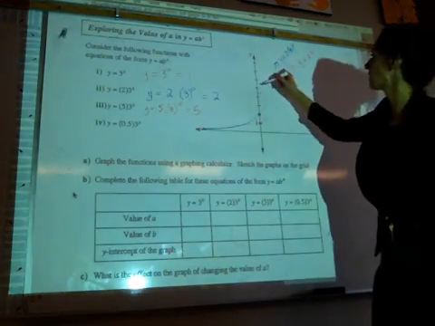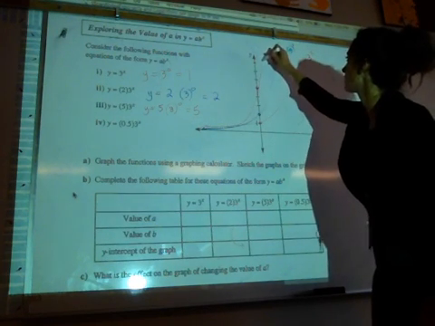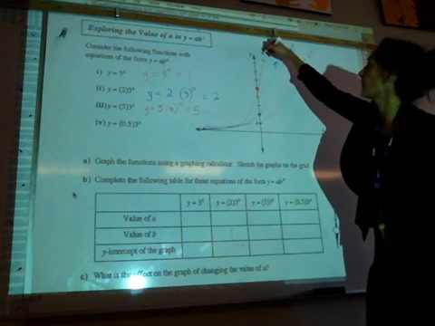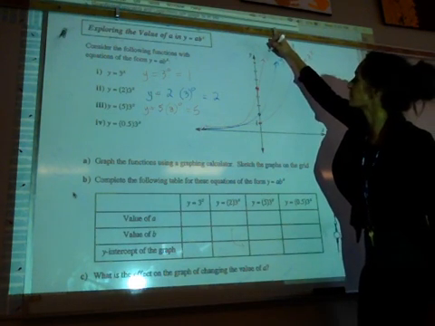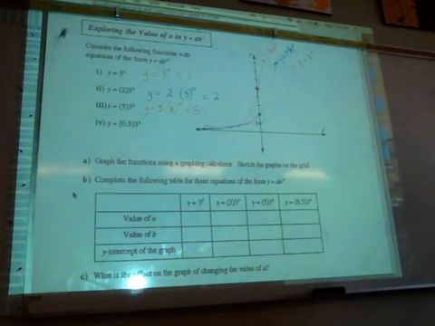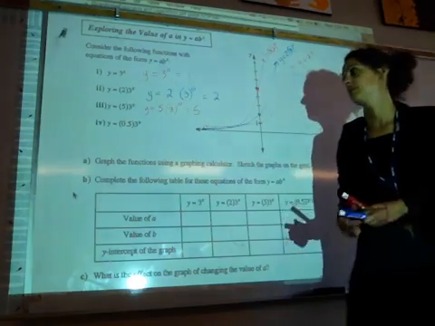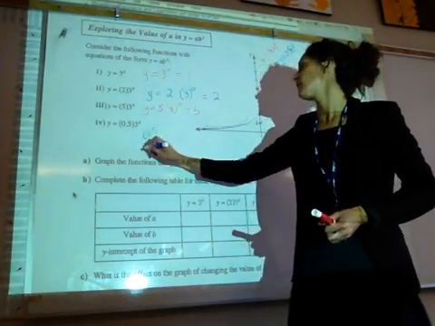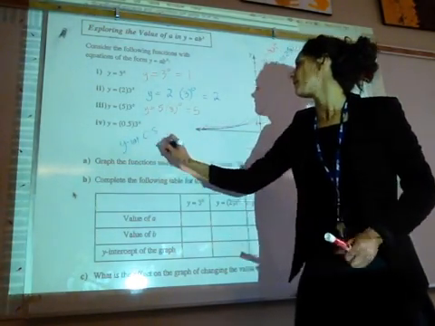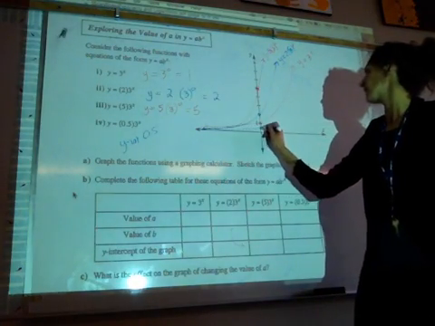So 2, 3, 4, 5. Still going to approach 0, but we're going through a different y-intercept. And what's the y-intercept of the last one? 0.5, good. So this one's going to go through half on the y-axis.